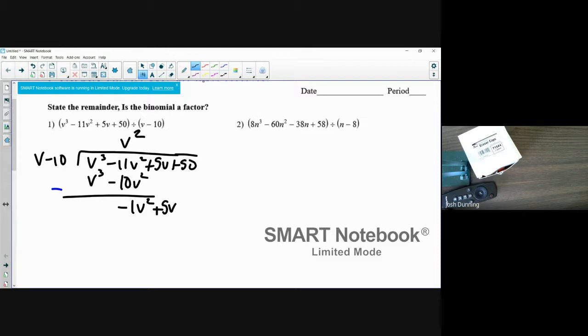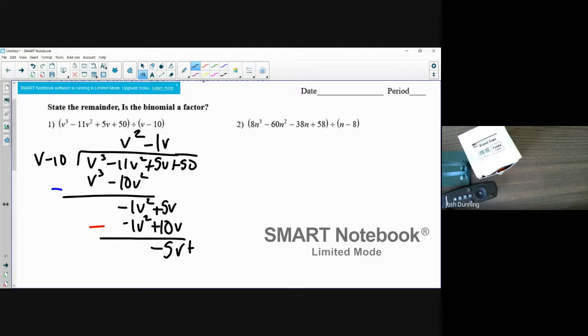We'll multiply by negative 1v, negative 1v times v, negative 1v squared. Double negative makes that plus 10v. Subtract again. So 5 minus 10 is negative 5v.